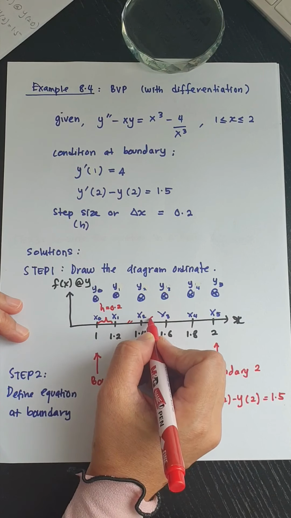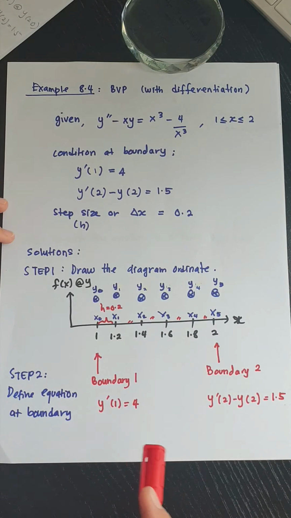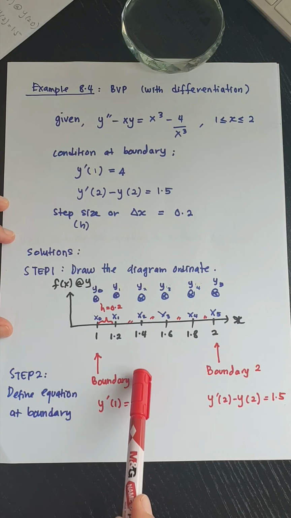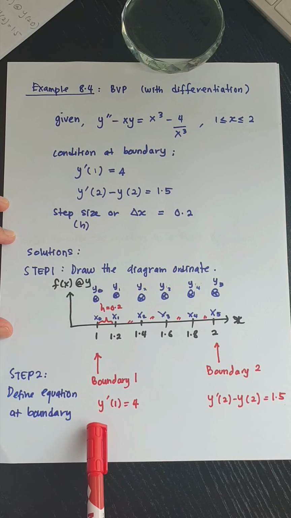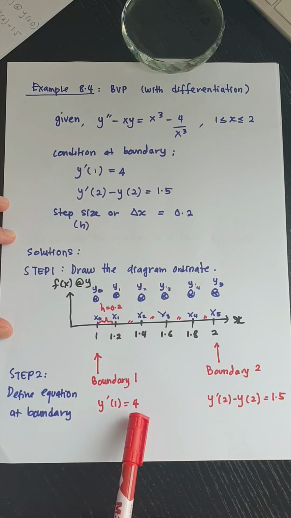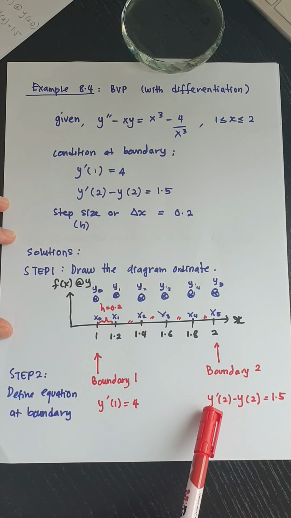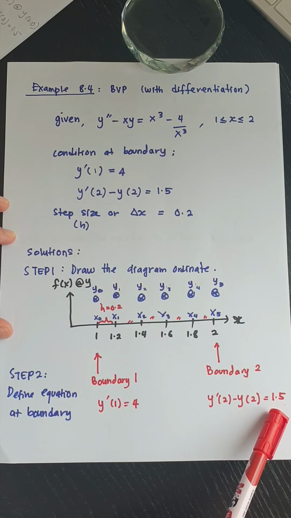It's the same for all data over here. In this case, the value at the boundary is not given as a fixed number. It was given in a derivative equation: y prime at the start point equal to 4, and at the second boundary, y prime at the end point minus y equal to 1.5.